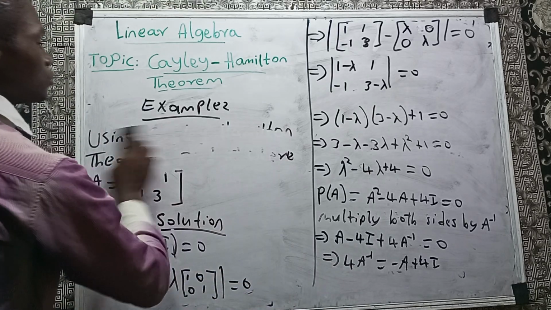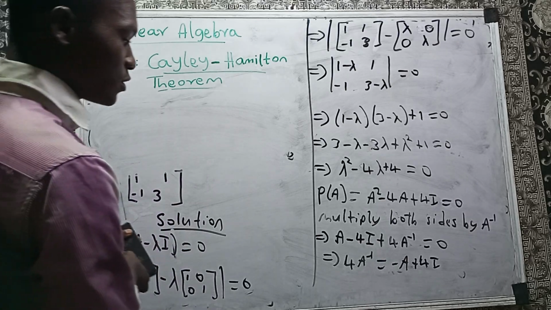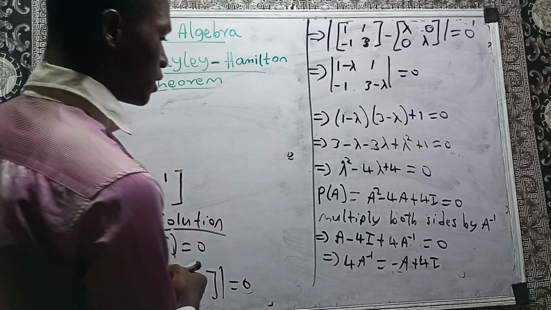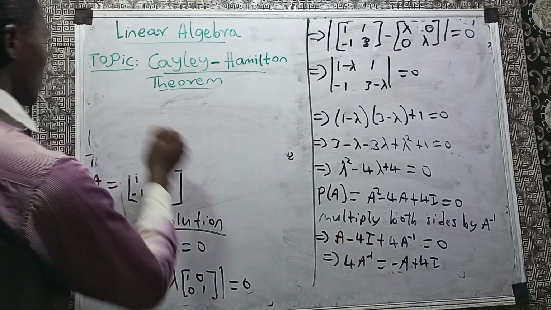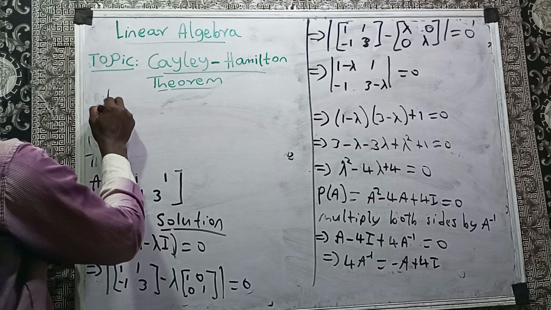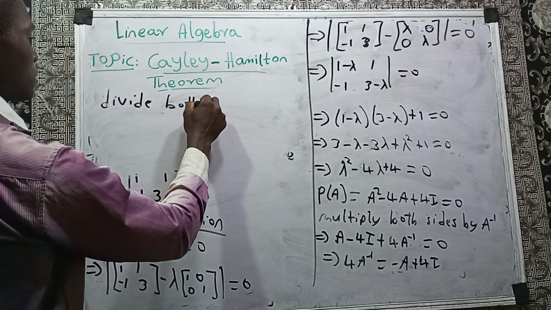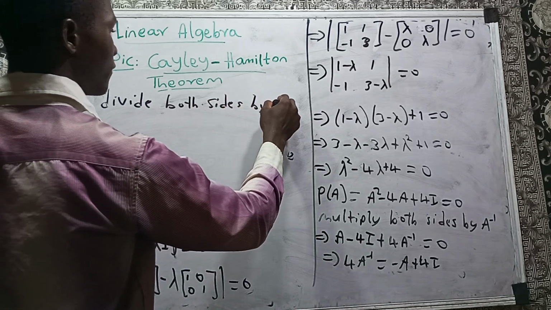Next step, you are going to do what? Divide both sides by the coefficient of A inverse. That's 4. So divide both sides by 4.